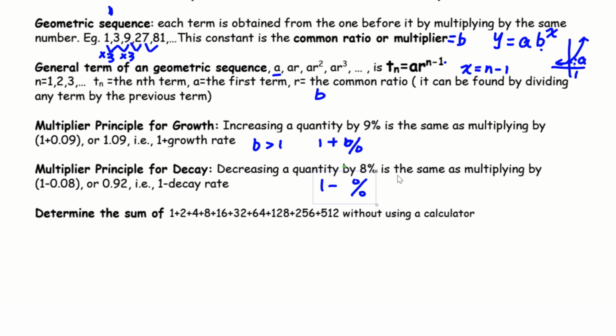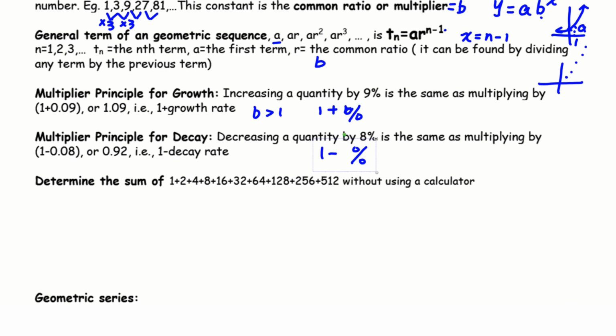The difference between a geometric sequence and an exponential function is that in an exponential function, x is continuous, while in a geometric sequence, the n value is discrete: all the countable numbers, term 1, term 2.